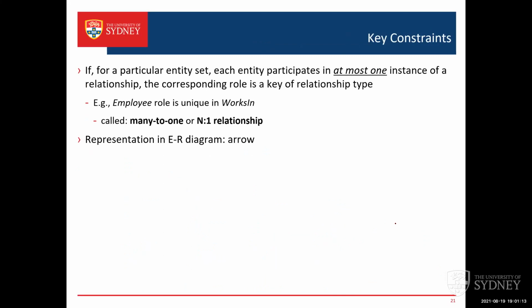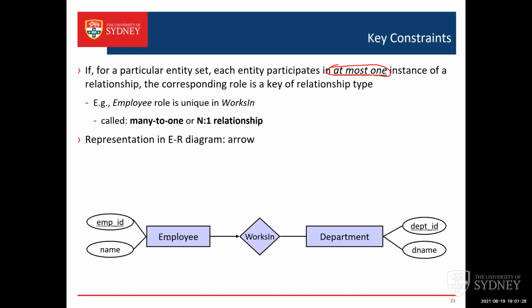Okay, so now we have an idea about this relationship. How will we represent all of this? Let's say I have this relationship which is saying at most one. So at most one simply means, let's say, that an employee works in at most one department. What does that mean?